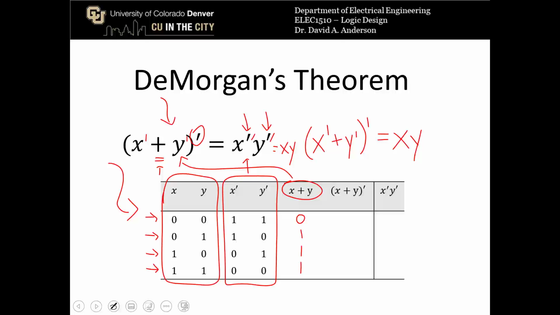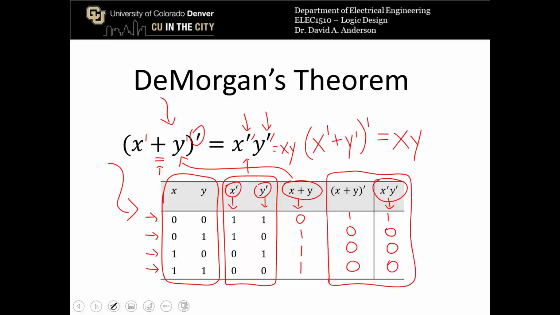X or y prime is going to be the opposite of this column, so that's 1, 0, 0, 0. Now x prime, y prime, here, we're going to look at these two columns, and this output will be a 1 only when both of these are a 1. So it's a 1 here and nowhere else. And so now we've proven, using a truth table, that x or y in parentheses prime is equal to x prime, y prime. So that's the first case of De Morgan's theorem.